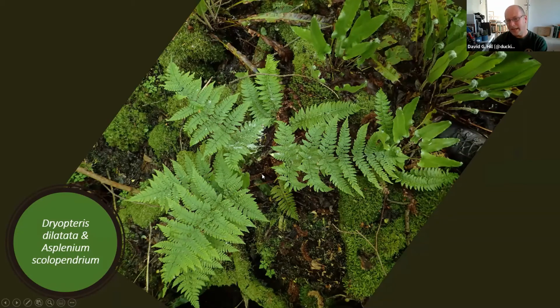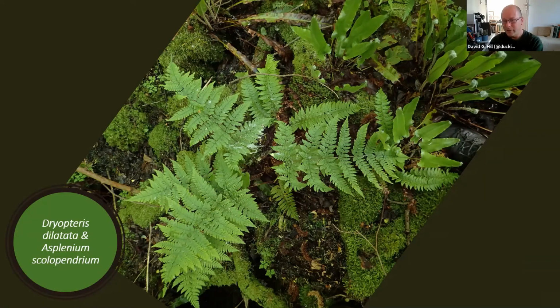And the key characteristic with these are the scales that occur on the bottom part of the stem, or the stipe, and they are very particular. There are 4 Dryopteris buckler ferns, and by looking at those scales you can work out which of those it is.